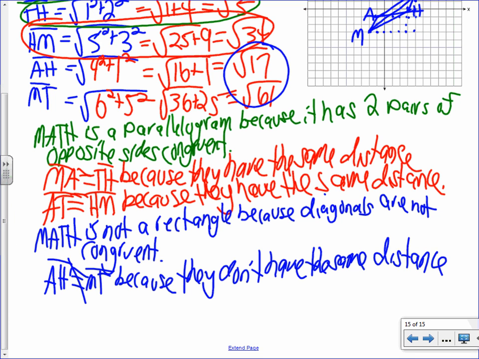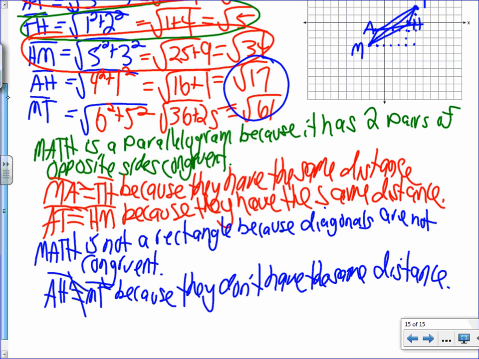There's a lot of little things you need to know for these problems. You must practice them, you must study them, but they're very straightforward. I'm telling you, you're going to see this on your test. You're going to have to do distances. You're going to have to know that the opposite sides of the parallelogram are congruent. Diagonals are congruent for a rectangle, all sides are congruent for a rhombus, and for a square, all sides are congruent and diagonals are congruent.